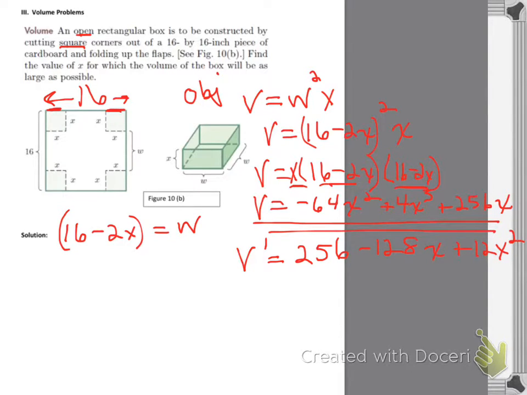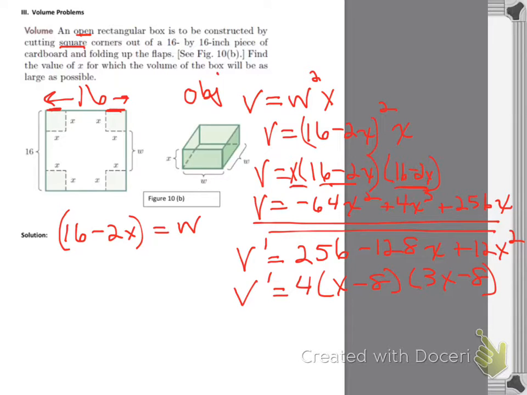So you can use the quadratic formula. You can divide through by 4 first. The bottom line is, if you do factor it, I end up with 4 times (x minus 8) times (3x minus 8). So I have 2 roots.